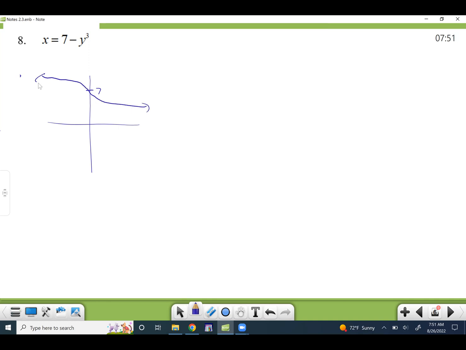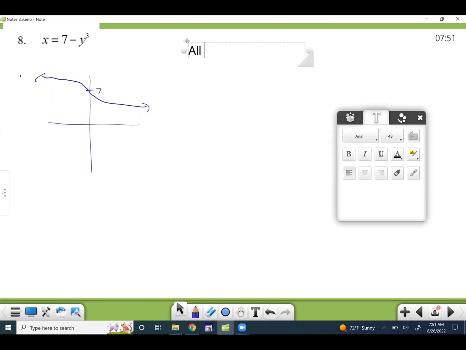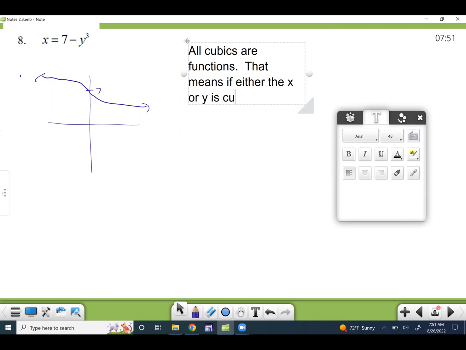Okay. So if all cubics are functions, that means if either the x or y is cubed and the other variable isn't, it's a function. Let me go into detail on that.